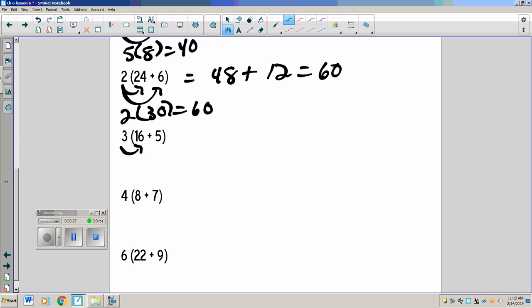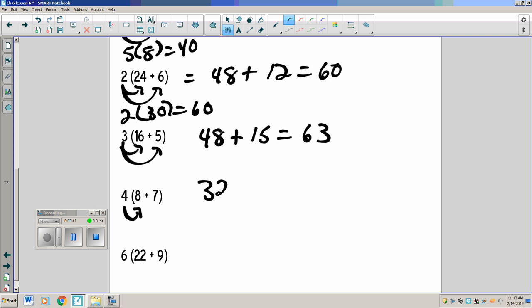Three times 16, 48, plus 3 times 5 is 15, 63. 4 times 8 is 32. 4 times 7, 28, 60.